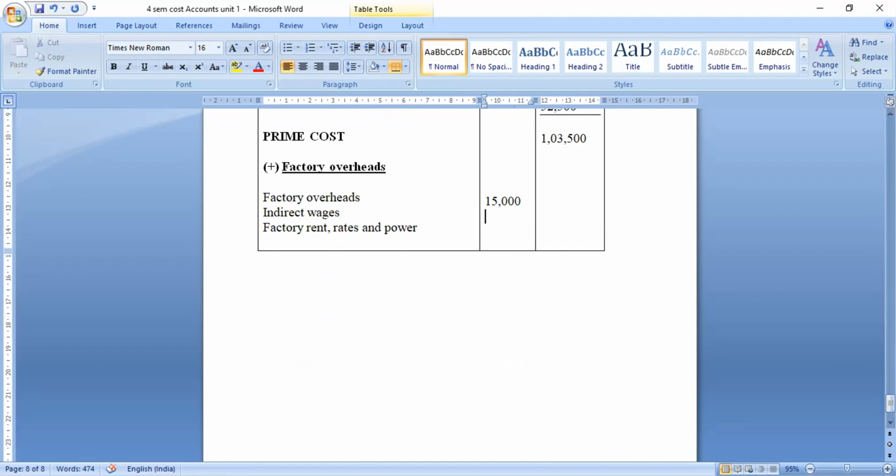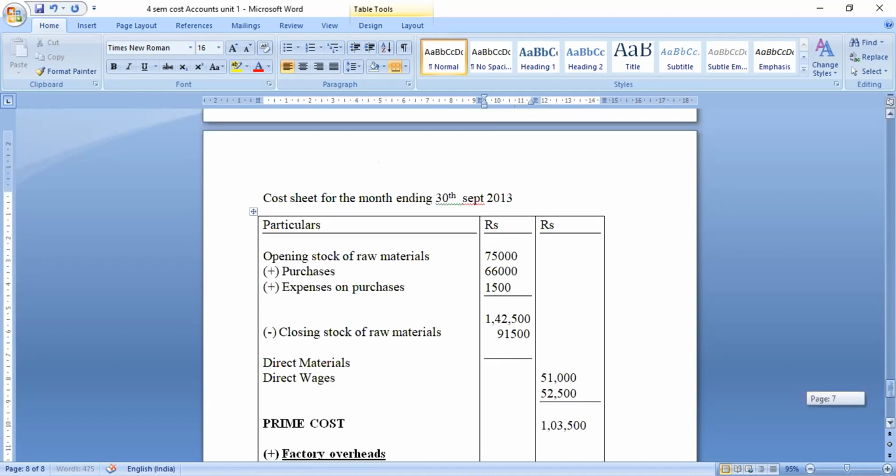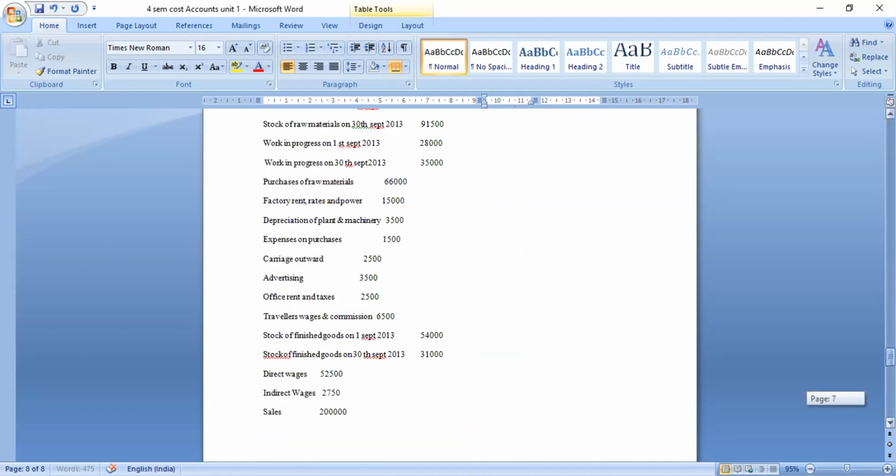As I told earlier, indirect wages is 2,750. Next, factory rent and power. Factory rent, rates and power, see how much it is. So factory rent, one second, let us look at the problem and then decide. Okay, we'll go to the problem now.